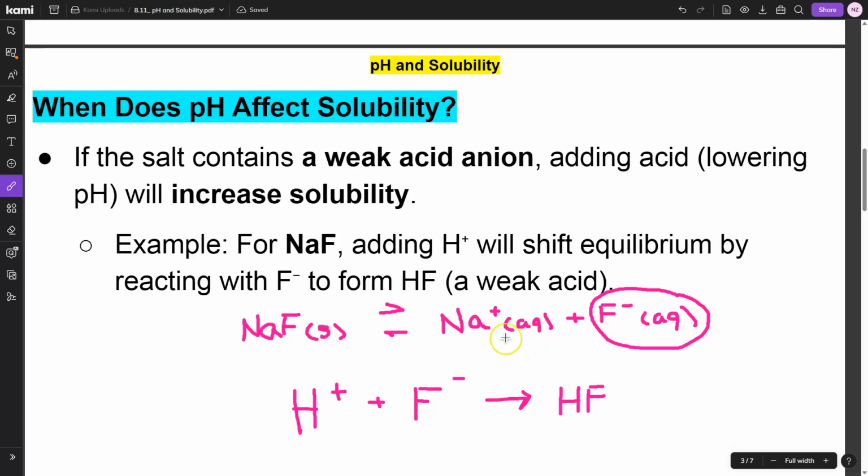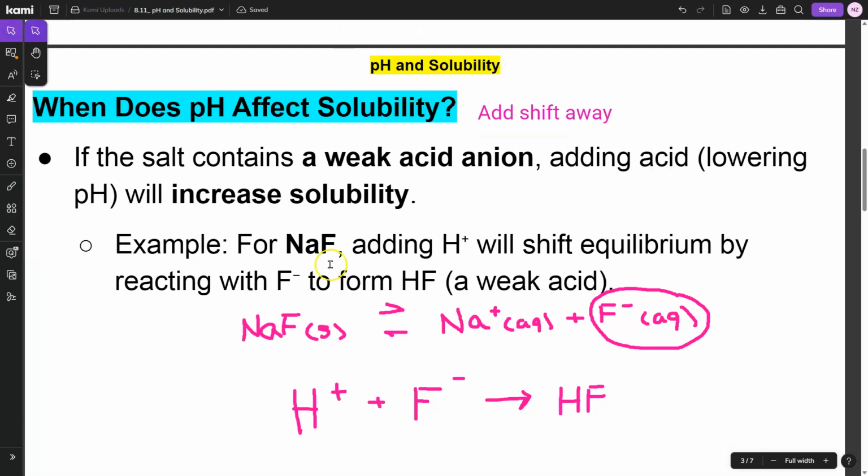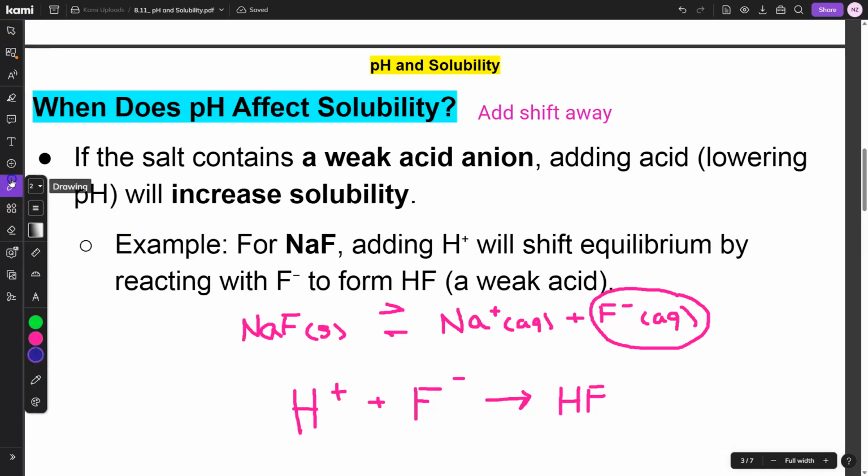The saying that we have with Le Châtelier's principle is add, shift, away. If I'm adding or increasing my concentration, it is going to shift away from that. Here we have the opposite happening.